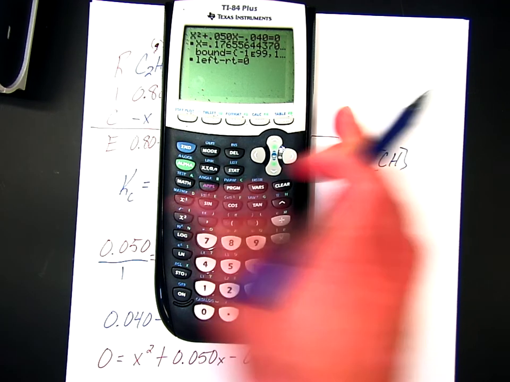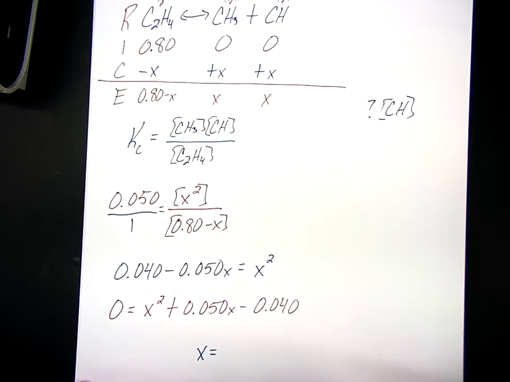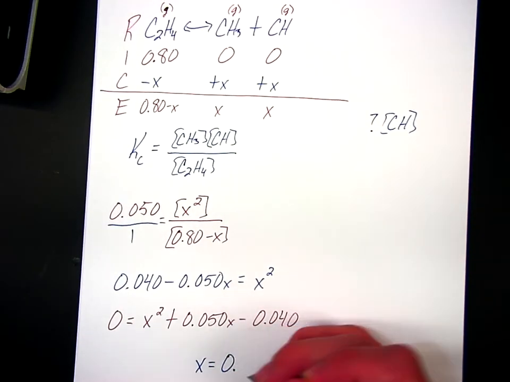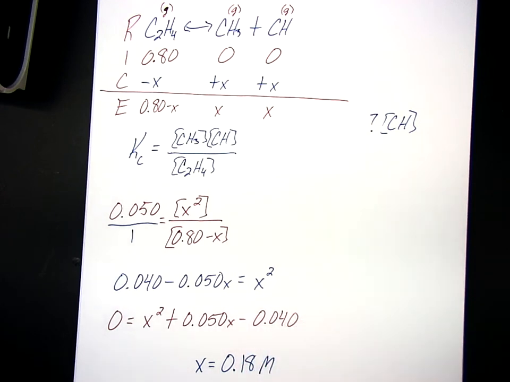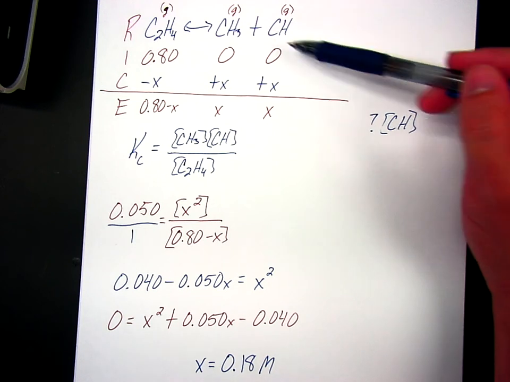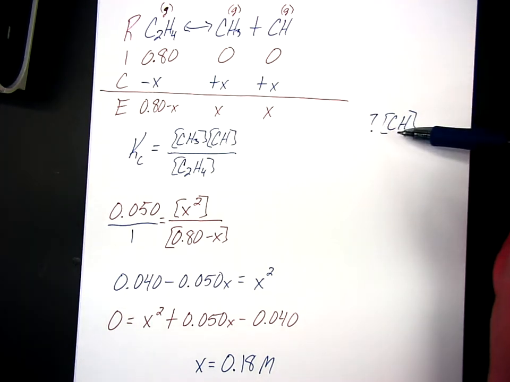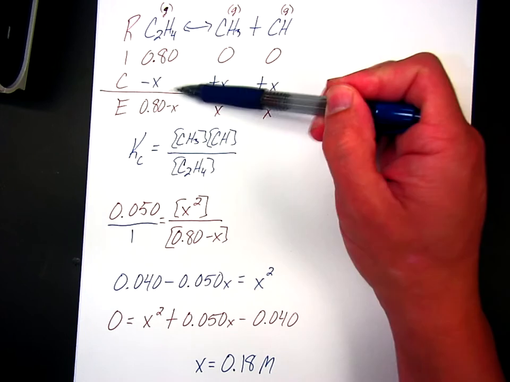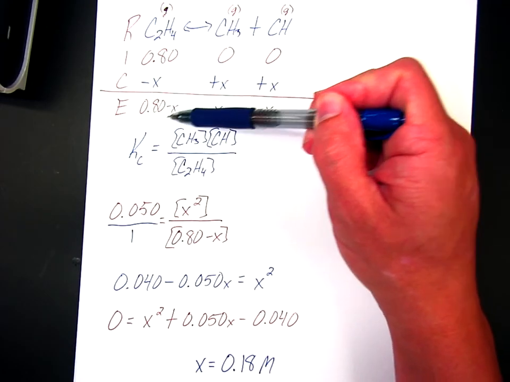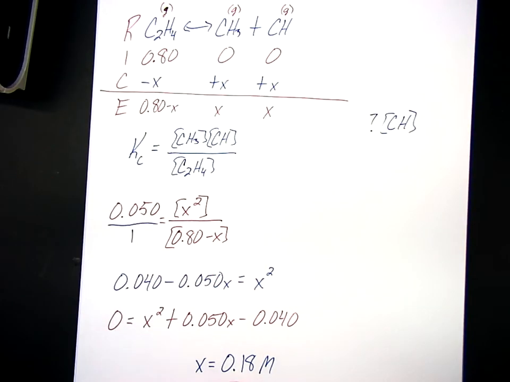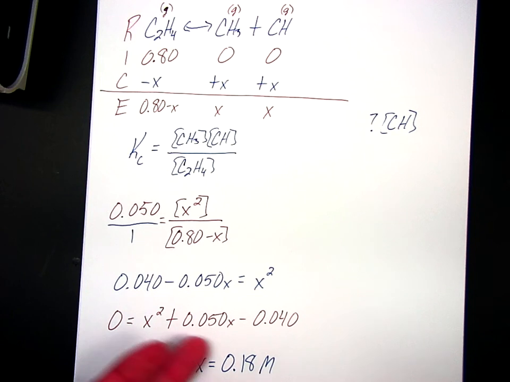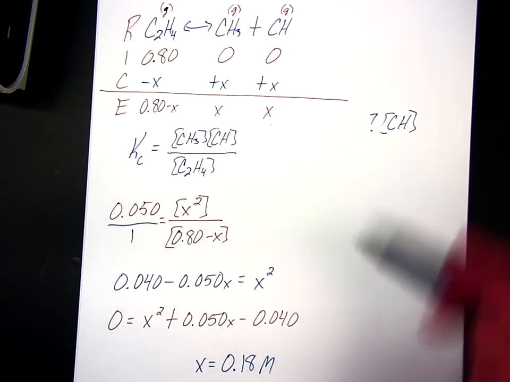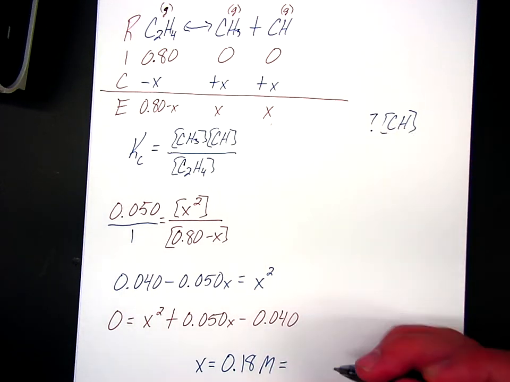So x to the right sig figs is going to be 0.18 molar. Now, remember what it wants us to find. It wants us to find the concentration of CH. CH, luckily, is just the X by itself, because had it wanted the concentration of this at equilibrium, we would have had to go 0.8 minus 0.18. But that's not what it wants. It just wants X. So this is the answer.